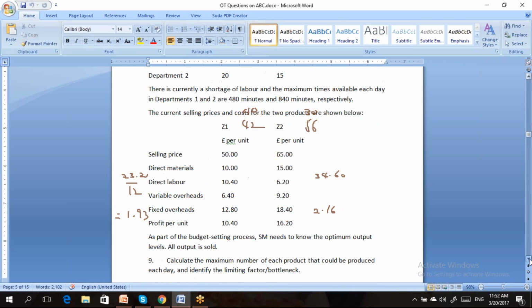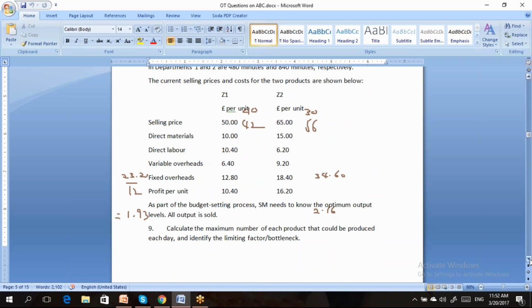They ask for the maximum number of each product that could be produced each day and to identify the limiting factor. We are not being given a maximum demand. If there was a maximum demand, we would go up to it. But here we don't have one. So with the 480 minutes, we will produce the product Z2.